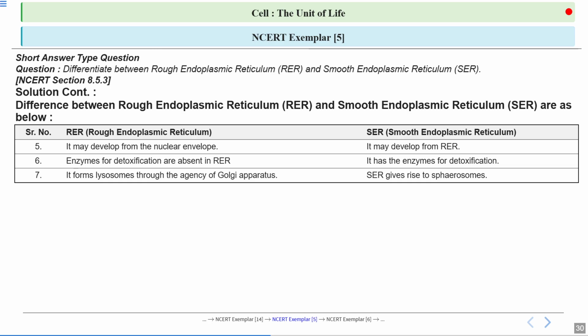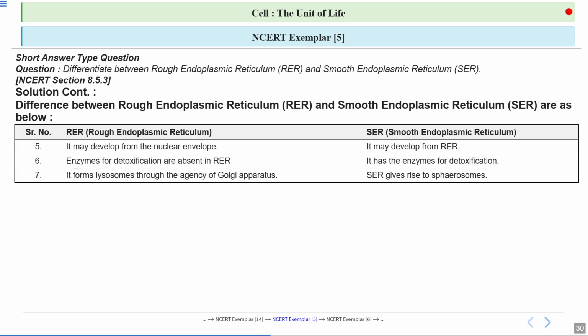RER forms lysosomes through the agency of the Golgi apparatus. Yes, from the Golgi apparatus these lysosomes are formed because the RER and Golgi apparatus are connected to each other. SER gives rise to the spherosomes. Very, very important information. So lysosomes are coming from the endomembrane system, where you can see the rough endoplasmic reticulum and the Golgi apparatus.